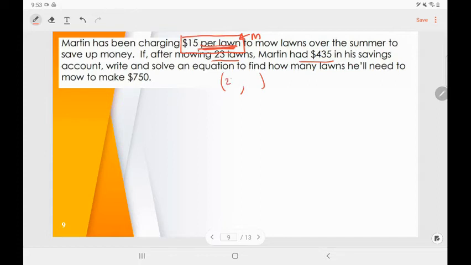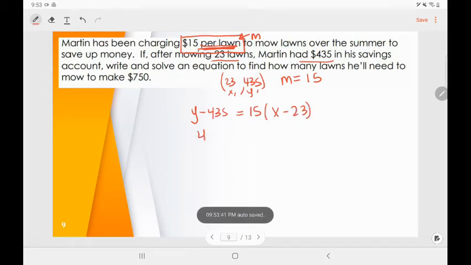So 23 is going to come first, 435 is going to come second, not just because it's in that order in the sentence. My M is equal to 15. So I'm going to use the point-slope formula. Here's X, here's Y, and here's point 1. So y minus 435 is equal to 15 times x minus 23.